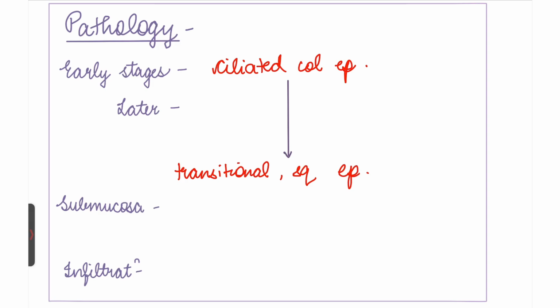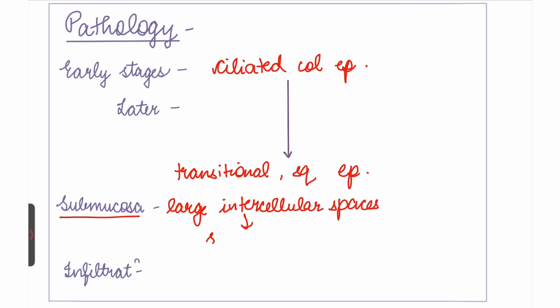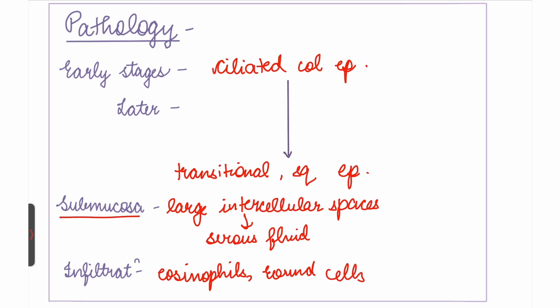This occurs due to atmospheric irritation. In the submucosa, we can see large intercellular spaces that are filled with serous fluid. And there is infiltration with eosinophils and round cells. That's the pathology.